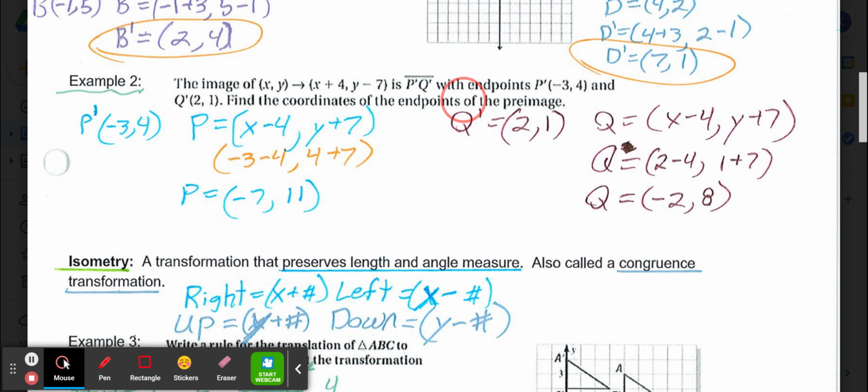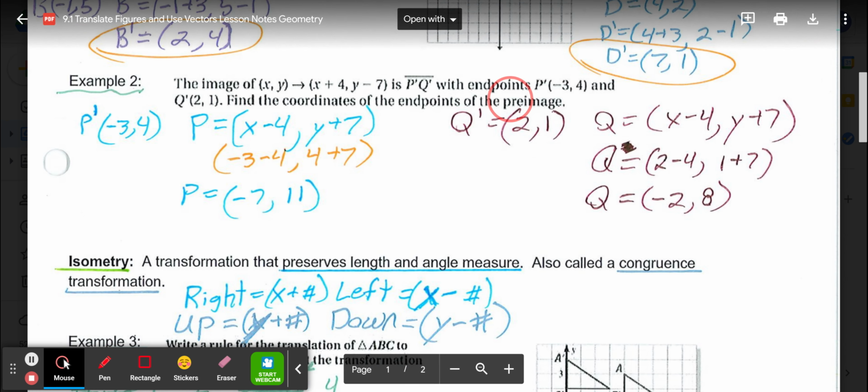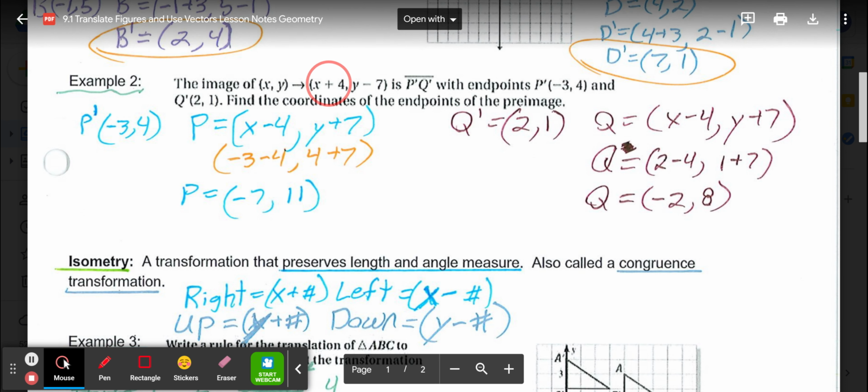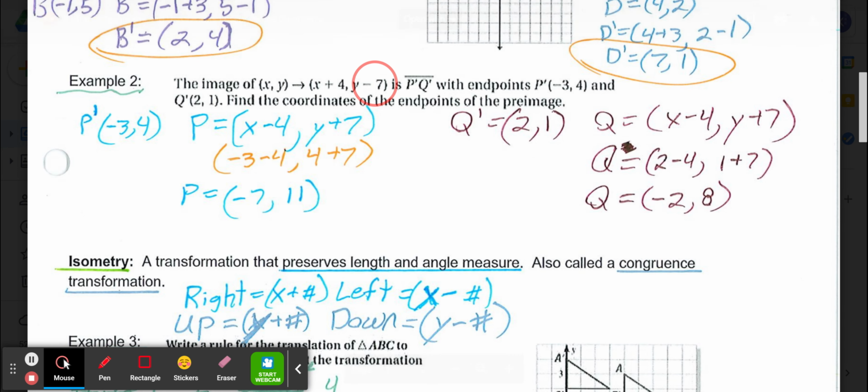Find the coordinates of the endpoints of the pre-image. The key here is we're starting at the image, and we have to go back to the pre-image. So I need to take my original translation rule, x plus 4, y minus 7, and flip that to x minus 4, y plus 7, because we're going in reverse from the image back to the pre-image.